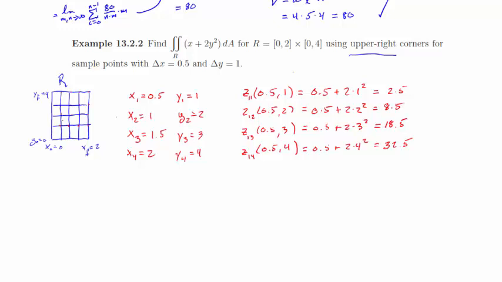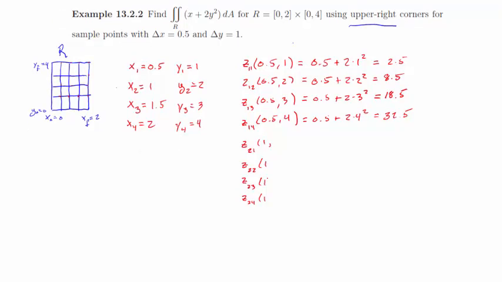Okay, so now we've got this first column here, and we want to keep on going now with z sub 2, 1, z sub 2, 2, z sub 2, 3, z sub 2, 4, and x is now 1. So getting into a rhythm where you're seeing the pattern and are able to run through these values quickly is nice.